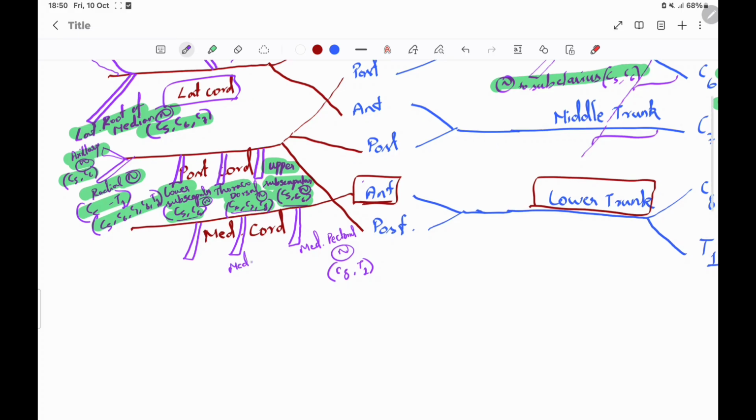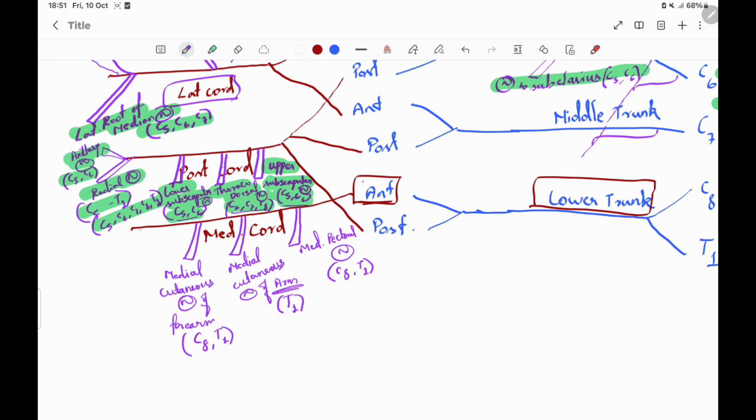The medial cutaneous nerve of arm has the T1 nerve root, and the medial cutaneous nerve of forearm has C8, T1 as nerve roots.